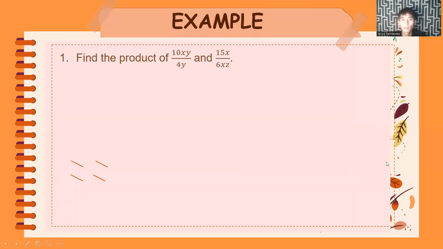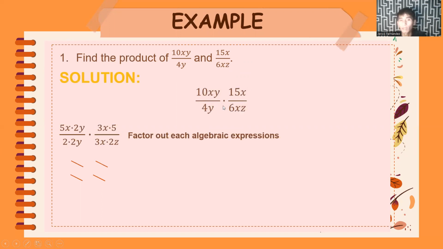Okay, so example, 10xy over 4y and 15x over 6xz. We will factor out the numerators and denominators. Okay, so we have 5x times 2y, 3x times 5. That's a factored form.